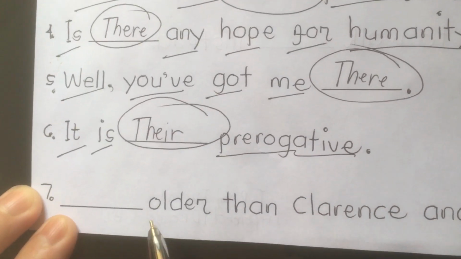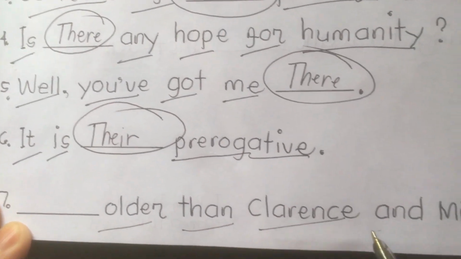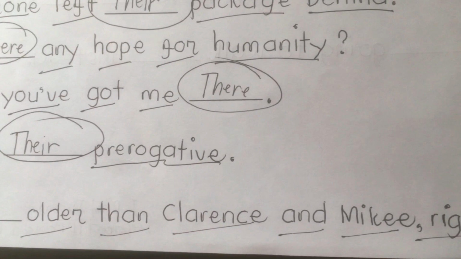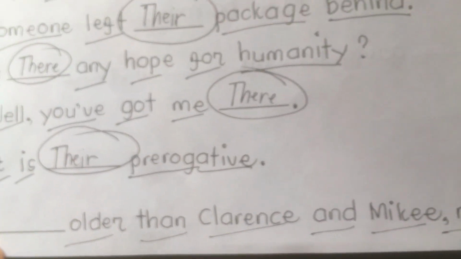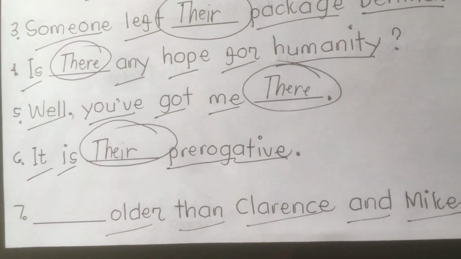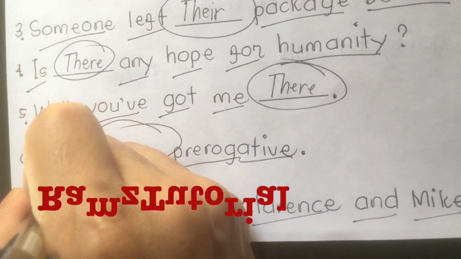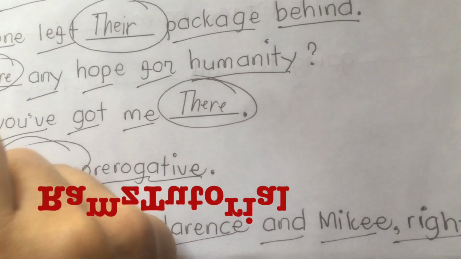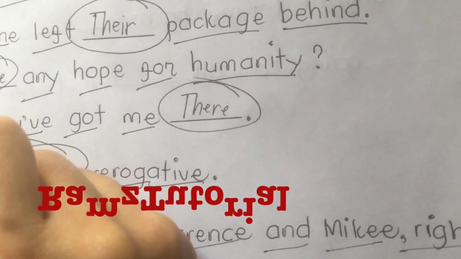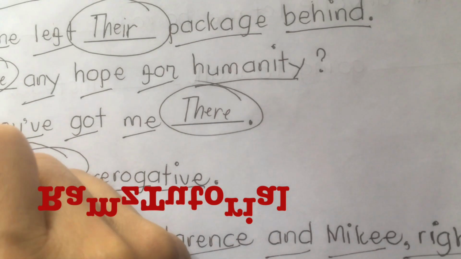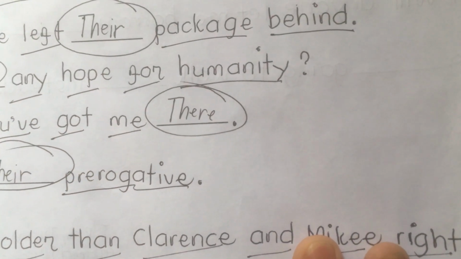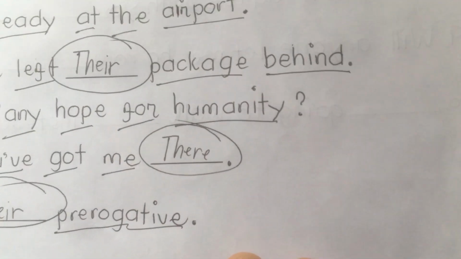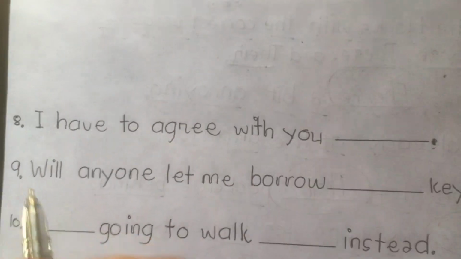Number 7. Blank older than Clarence and Mickey, right? What's your answer? Our answer is the short form, the contraction, they are, they're. Number 8.